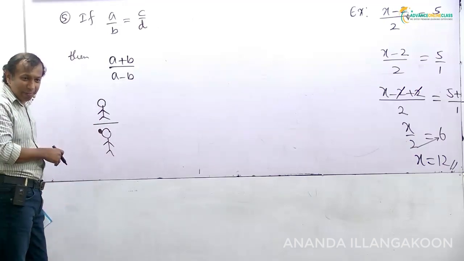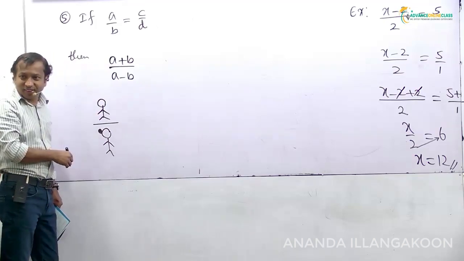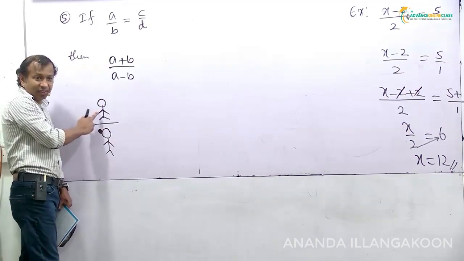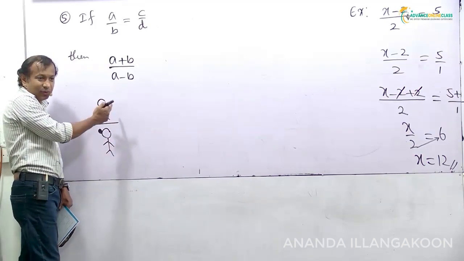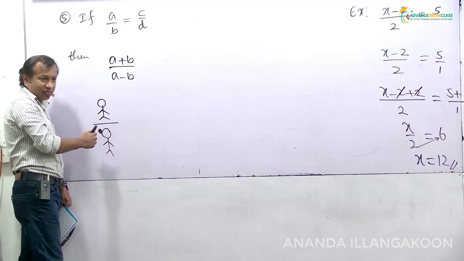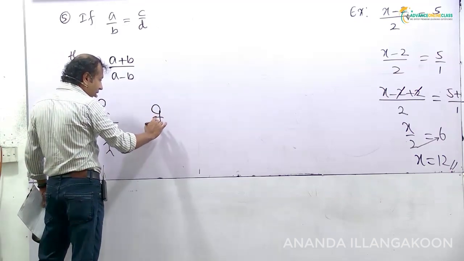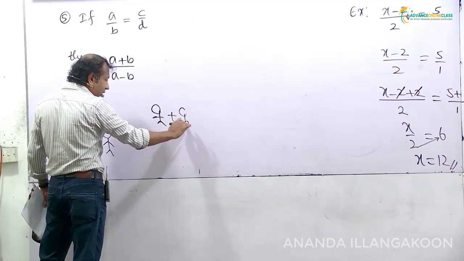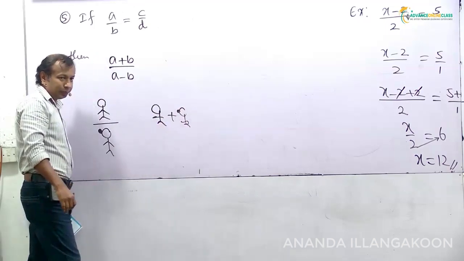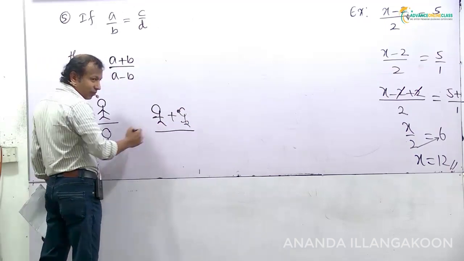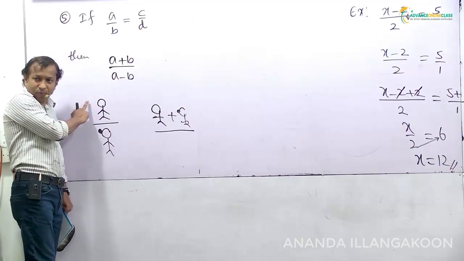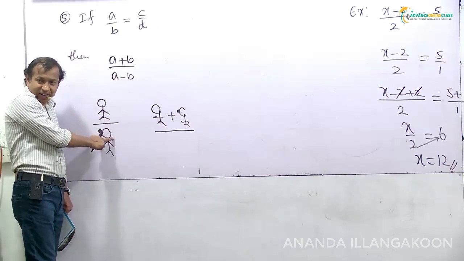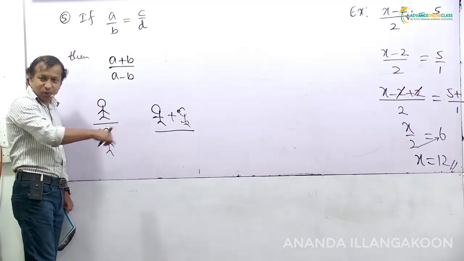Now apply the result this. What we write numerator? Girl we add to numerator. Then what is numerator? Boy plus girl. What is denominator? From boy subtract girl and write below the line.